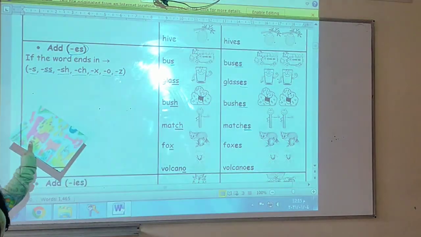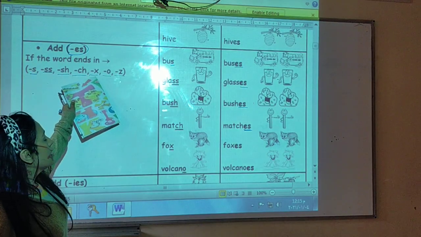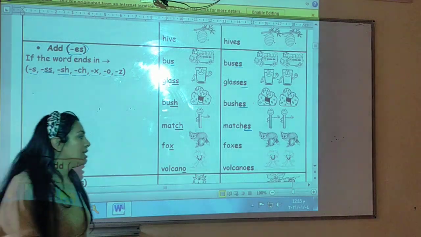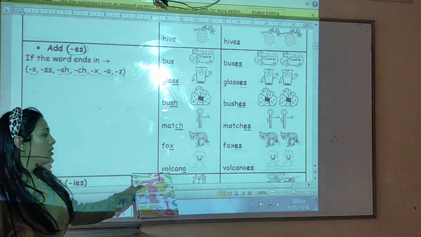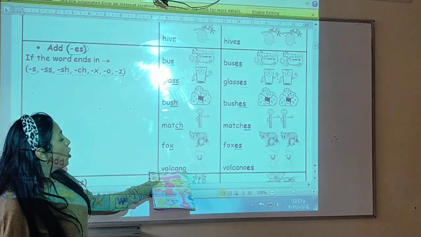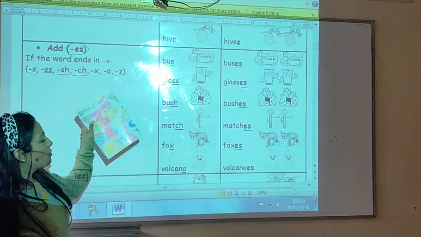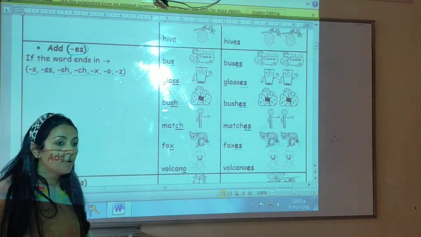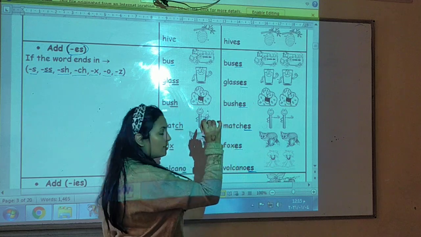Is x one of the letters of the exception case of es? Yes. So we are going to add es. Okay, volcano. Volcano ends with o. Is o one of the letters? Yes, it's here. So what are we going to do in the plural form? We are going to add es.